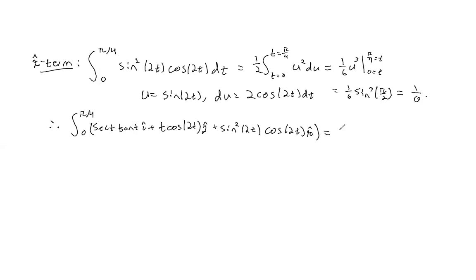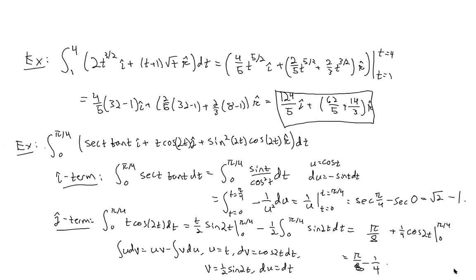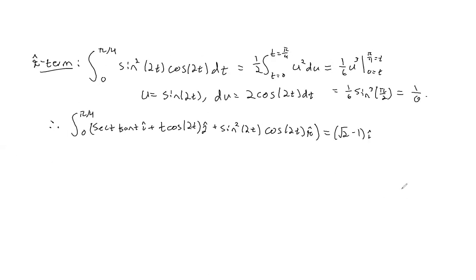You do that whole thing, and it comes out to root 2 minus 1 i. I've already forgotten what the j term was. Let me go back. The j term was pi over 8 minus 1/4. So plus pi over 8 minus 1/4 j plus 1/6 k.